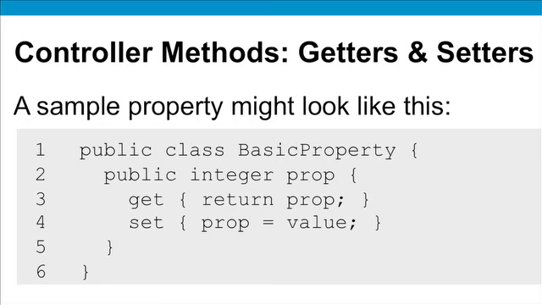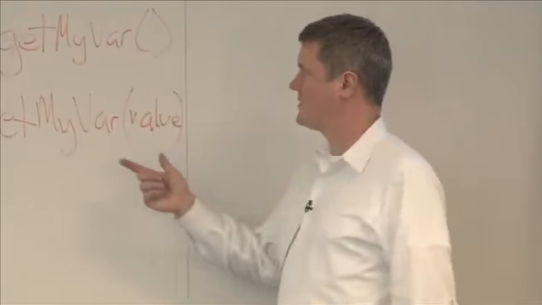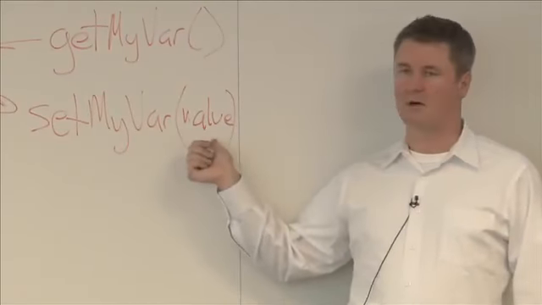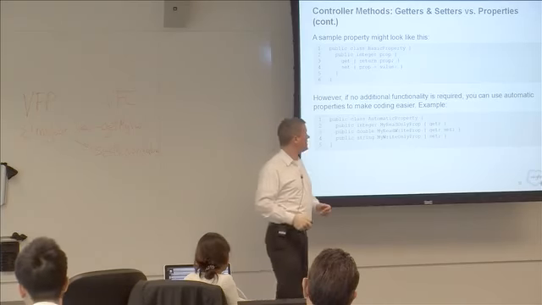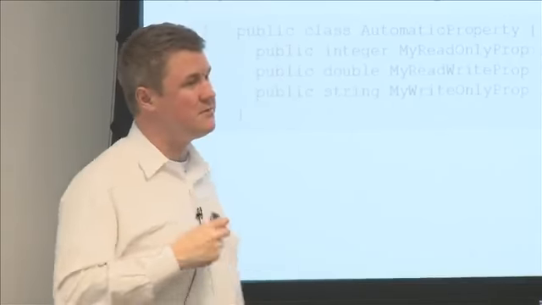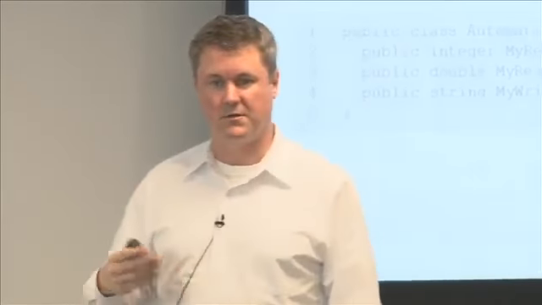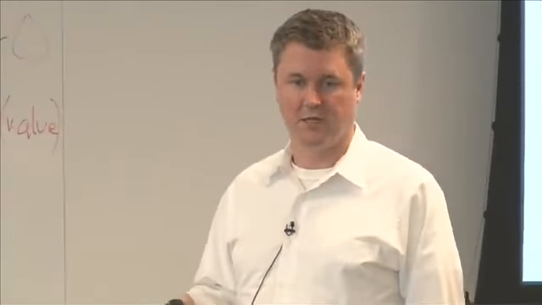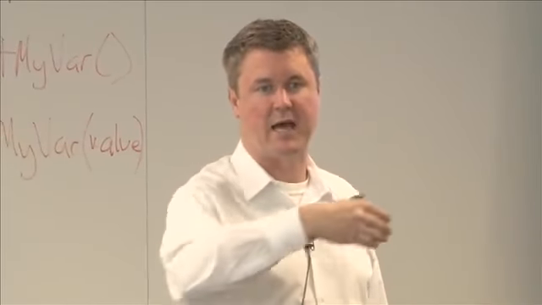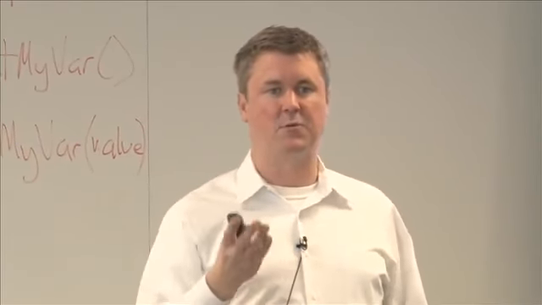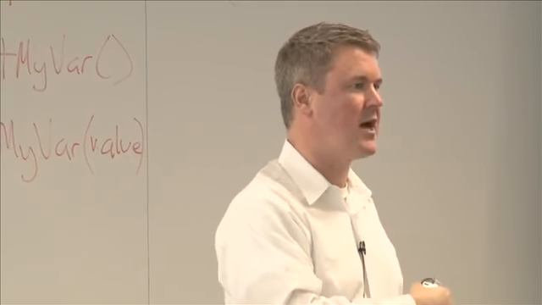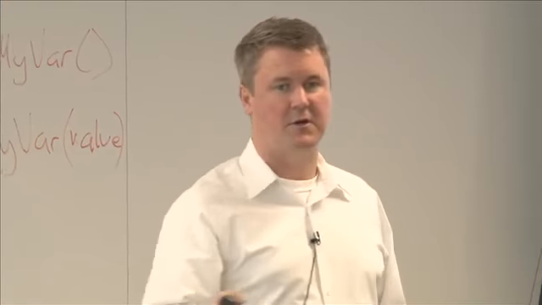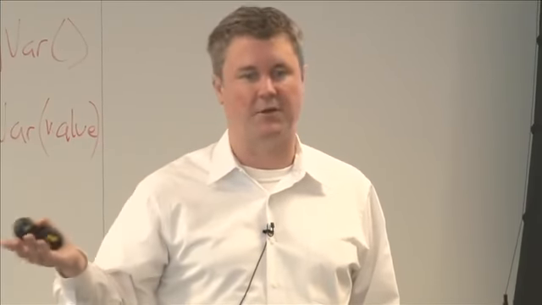Now, just so you know, you'll notice here in set myVar, I called my parameter value. The reason is that value is a default parameter available to you, and it represents whatever was passed to the setter. So anytime you want to access, using a property, whatever was passed to the setter, the default name of that parameter is value, okay?